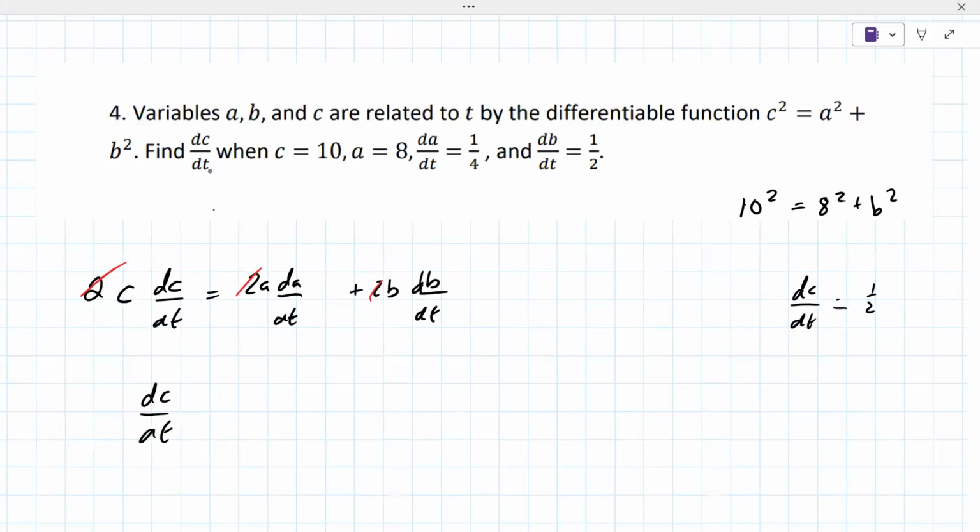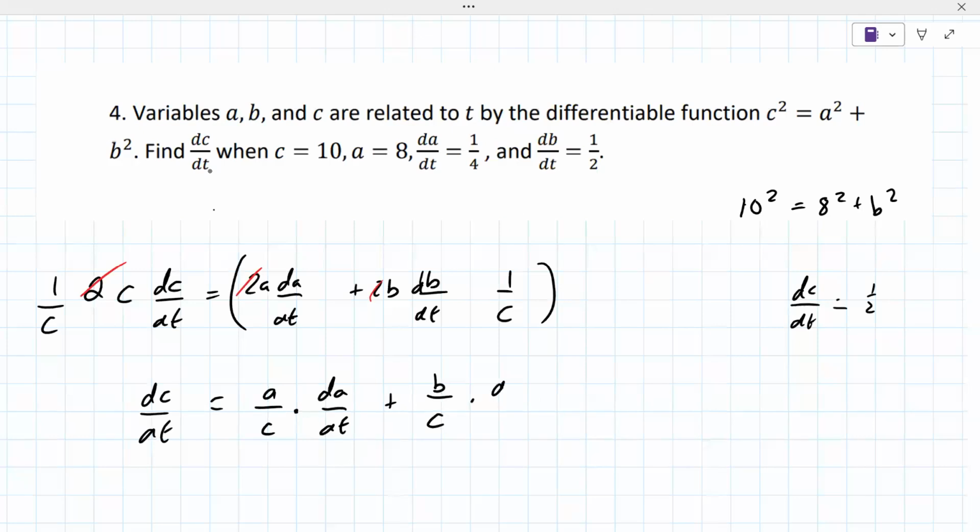So I would actually multiply everything by 1 over c. That's kind of the cleaner look. So it becomes a over c times da/dt plus b over c times db/dt. And like you mentioned, you have to find b. b is 6.